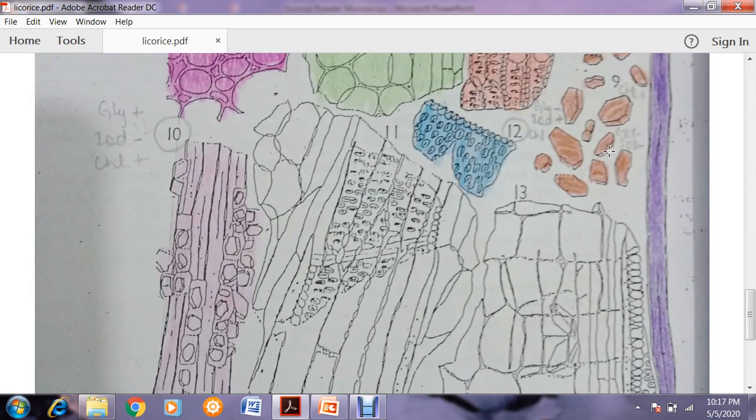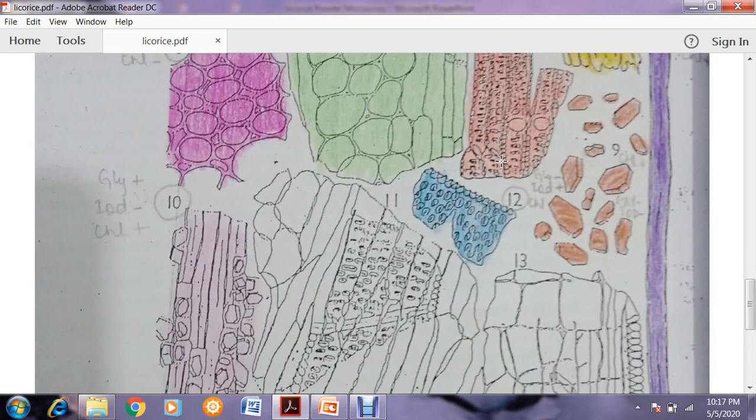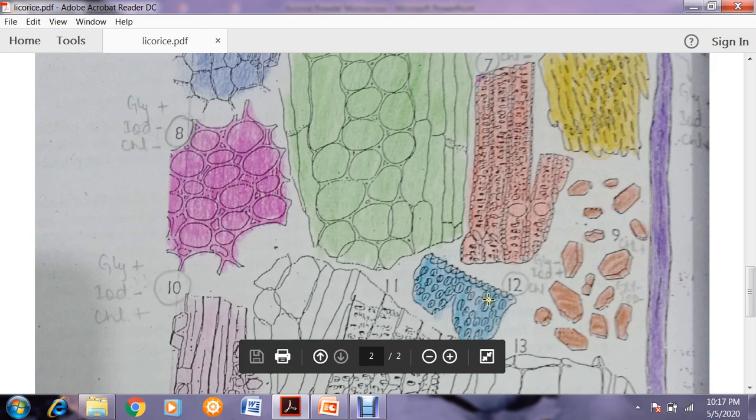Then number 12, this one blue in color. What is this? Fragment of broad pitted vessel. So this was the large vessel, these were the group of small vessels, and this is also a fragment of the vessel. You can see here the pits.